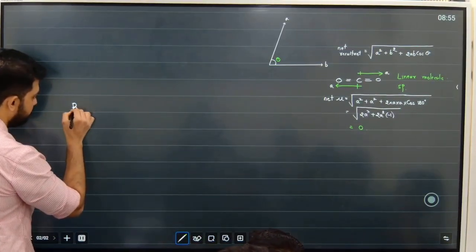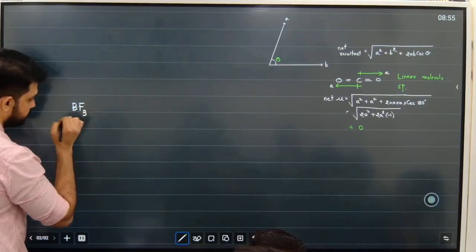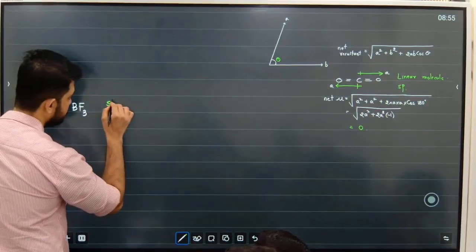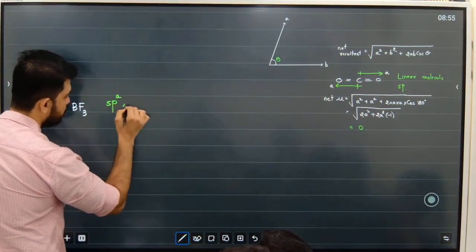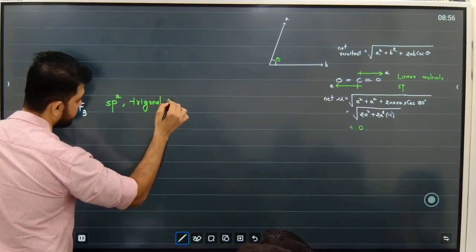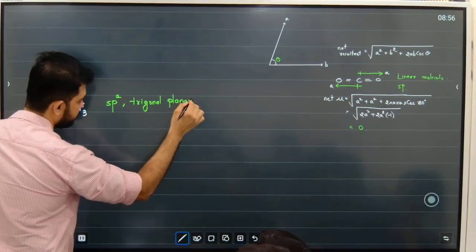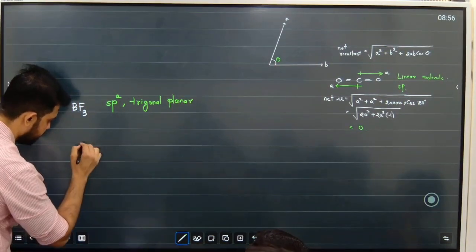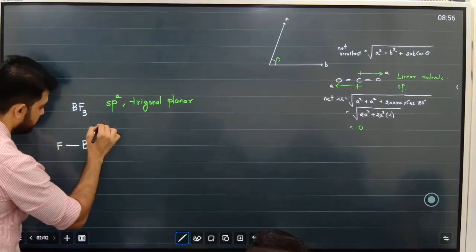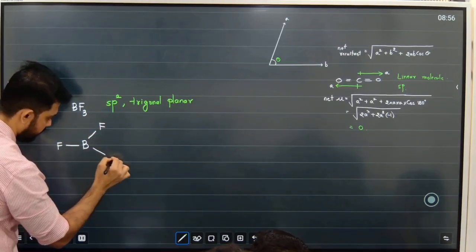Boron trifluoride, BF3. In BF3, what was the hybridization? BF3 hybridization was sp2 and the geometry was trigonal planar. So this looks something like this. I have B, 1 F over here, 1 over here and 1 over here.